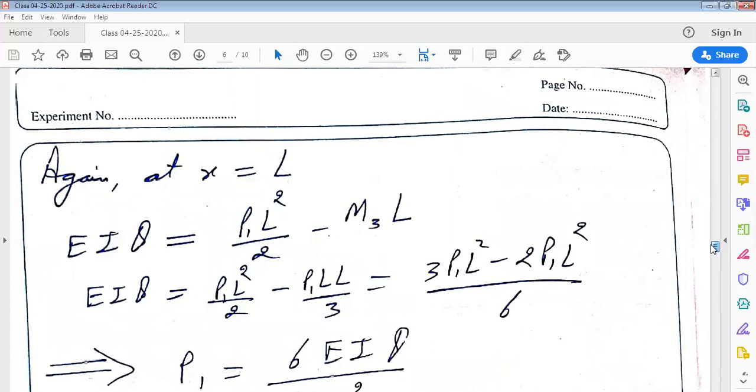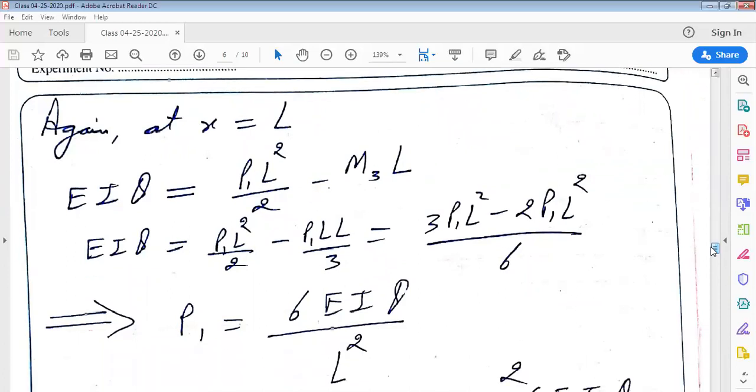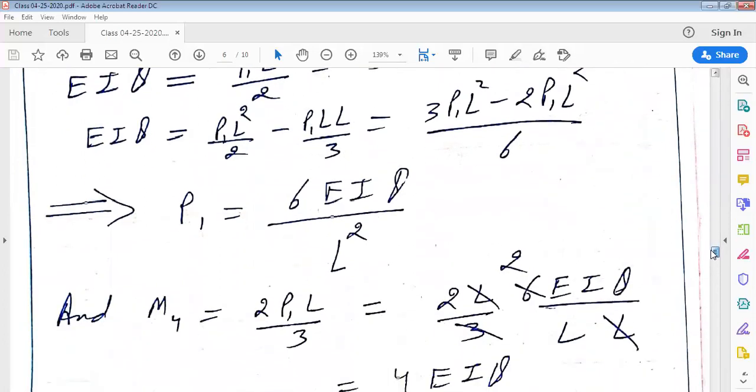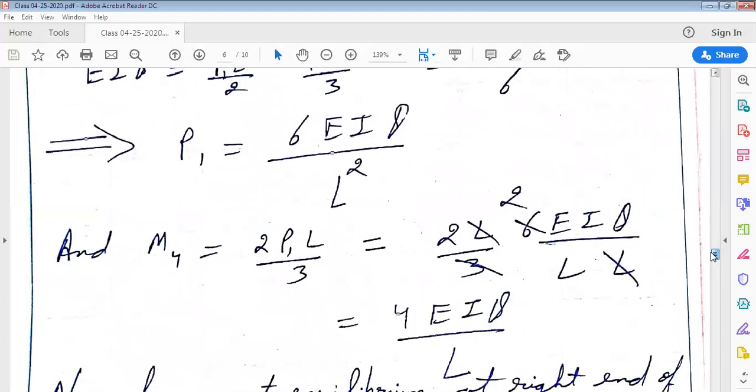Now, at x equal to L, slope is theta. That gives us EI theta equal to P1L square by 2 minus M3L. And from here, we can find out capital P1 equal to EI theta divided by L square, and M4 equal to 2P1L by 3.